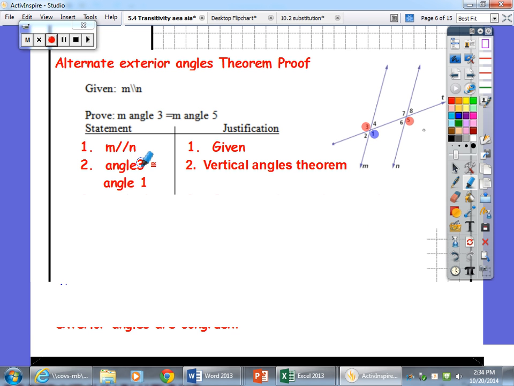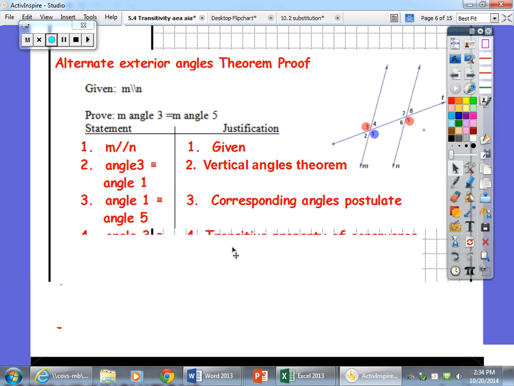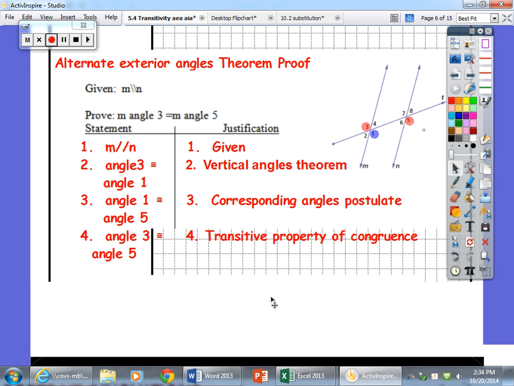So I said the measure of angle 3 is congruent to the measure of angle 1 using the vertical angles theorem. Then I use the corresponding angles postulate to go from angle 1 to angle 5. And since I know that these are parallel, I know that they would be congruent.